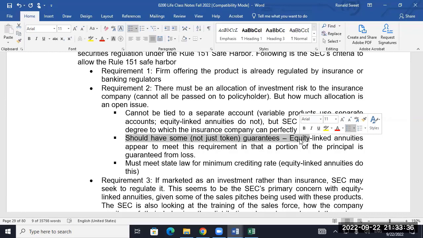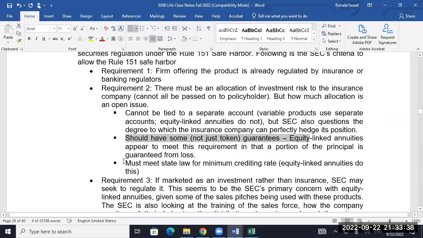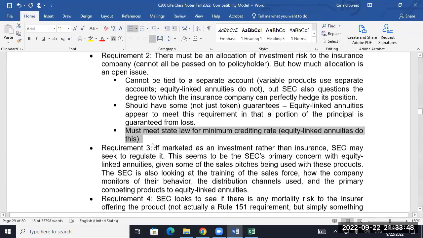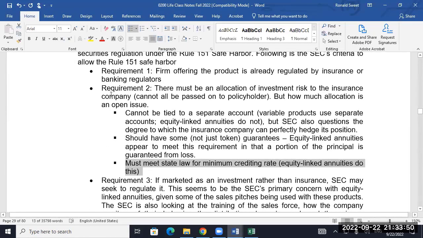And it needs to have some type of minimum crediting rate, and equity annuities do that to the extent that it's required for their product, although it's a really small part of the product. So for the most part, they meet this, although there is some question about the allocation of investment risk.